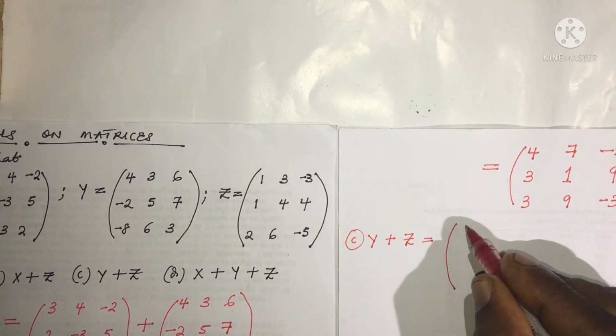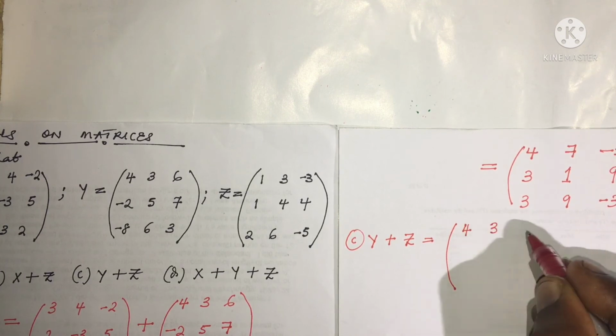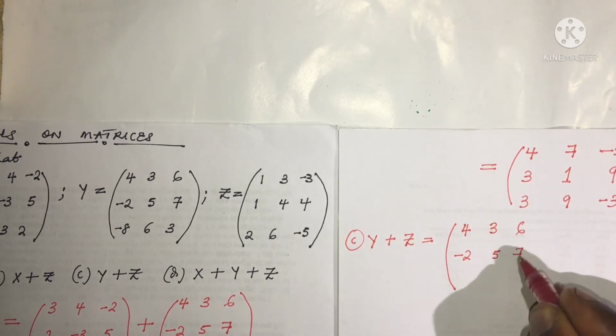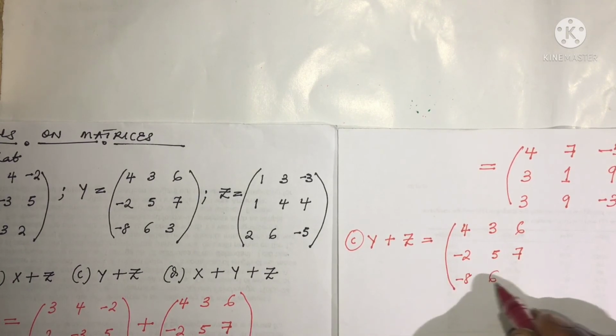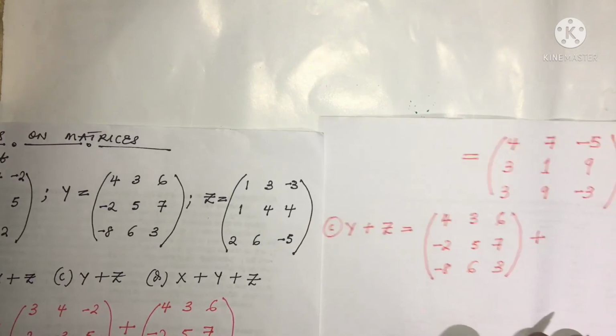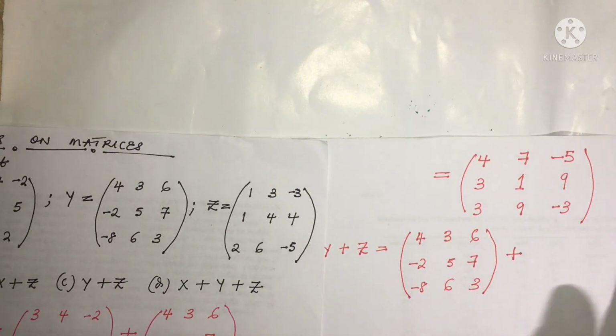The matrix Y is 4, 3, 6, minus 2, 5, 7, minus 8, 6, 3, and that will add to the matrix Z. What's the matrix Z?